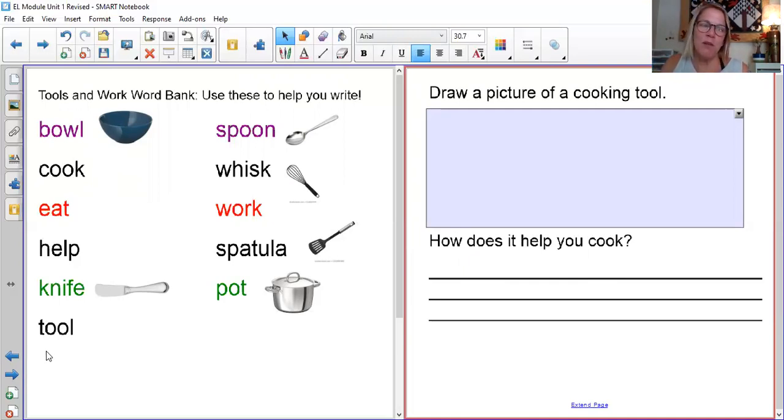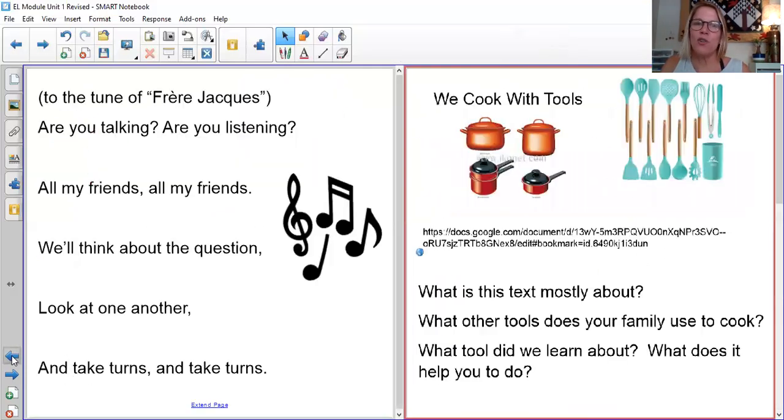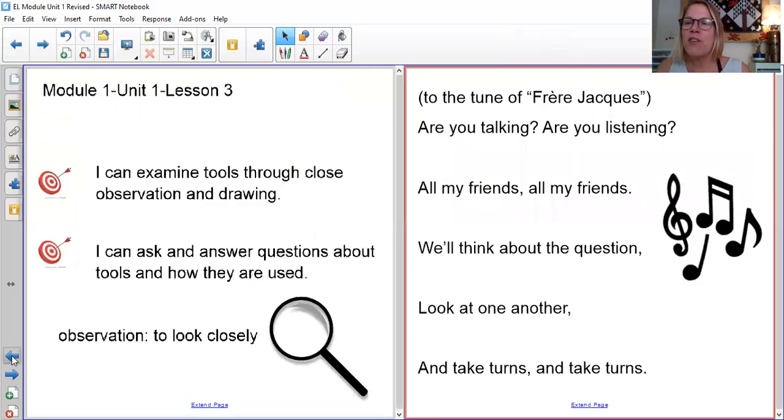So let's go ahead and review our targets to make sure that we covered or will be covering what we wanted to accomplish today. The first target is I can examine tools through close observation and drawing. You'll be doing that before we meet for our Zoom meeting today. So you'll be closely looking at the tool that you choose, and then you'll be writing about it or drawing about it.